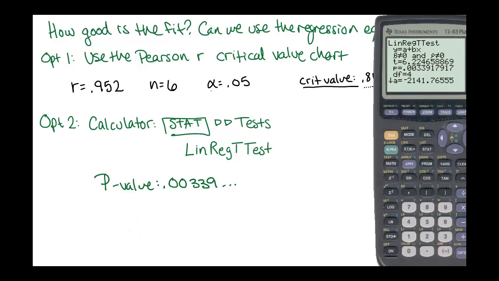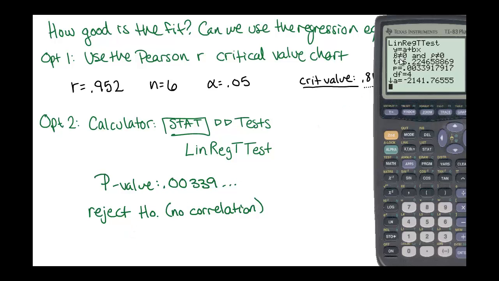If we're dealing with an alpha value of 0.05 or even 0.01, this is a small p-value, so we would reject the null hypothesis. The null hypothesis essentially says that there is no correlation, or at least not enough correlation. And we would say that this is a good model, or that there is correlation between the two.